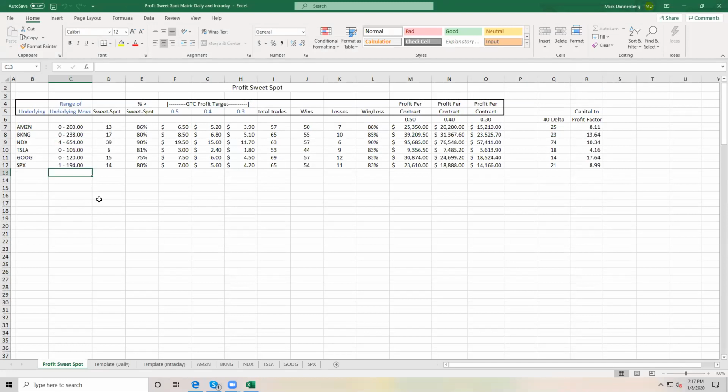I don't intend to go through this in detail, but basically, based on research throughout all of 2019, if you used the Cycle Finder Plus indicator, which we'll be teaching in the masterclass, on Amazon, and you took every single opportunity presented to you on a daily chart, using a sweet spot of 13 points, meaning you expect the underlying stock to move 13 points, then whatever delta you're using would determine what your good-till-canceled order should be set at to close.